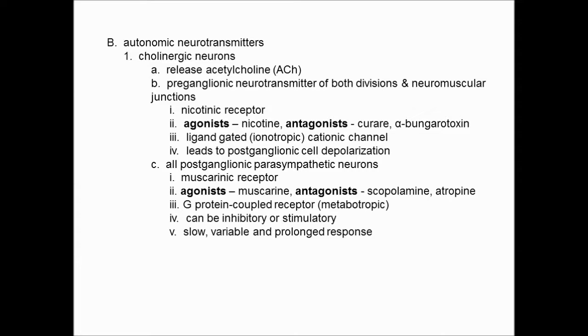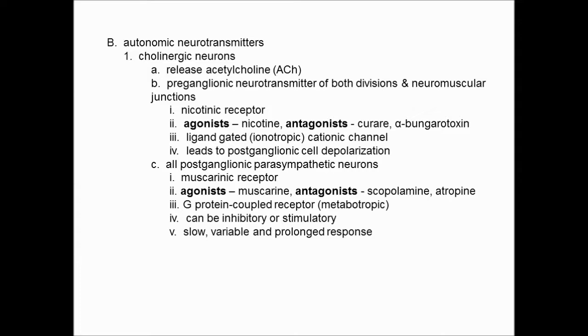So when nicotine's present, all the cholinergic effects are amplified. An antagonist for nicotinic receptor activity is curare, which we mentioned before, and alpha-bungarotoxin. Both of these block the nicotinic receptors and therefore block this transmission between the preganglionic and postganglionic neurons.